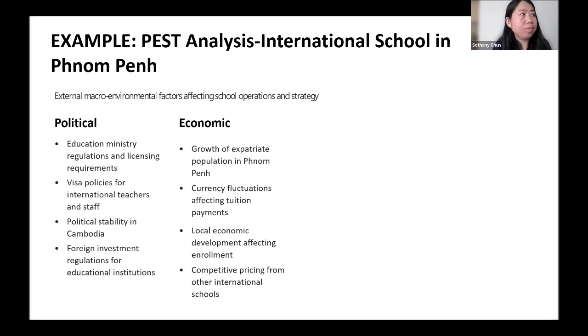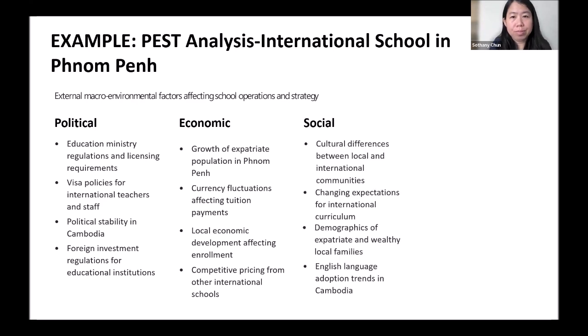For economic, in Cambodia: growth, expat population, currency fluctuation affecting tuition fee payment. We need to look at that. Local economic development affecting the environment, and competitive pricing from other institutions. So this is economic. For social: cultural differences between local and international, changes in expat international curriculum, demographics of expats and wealthy local families.